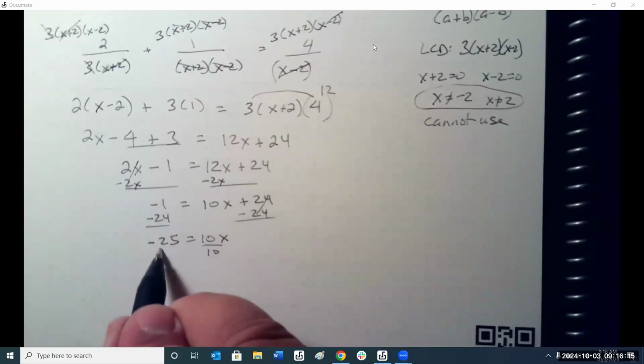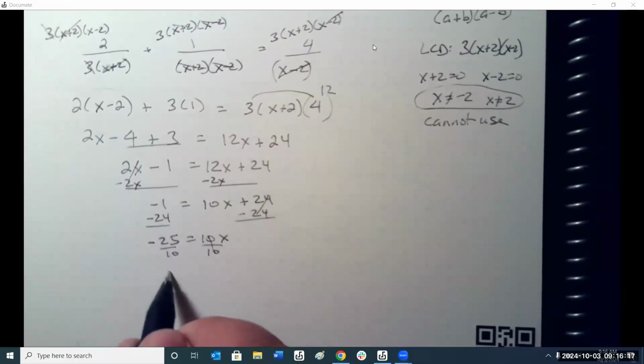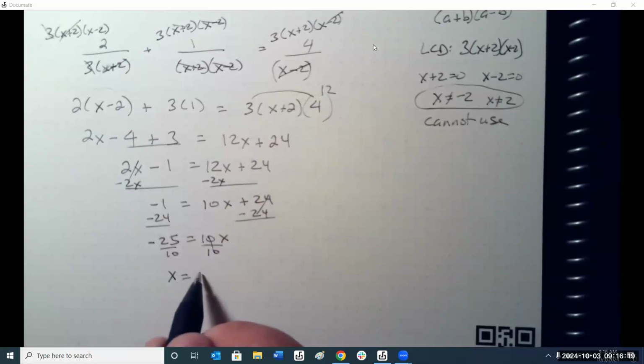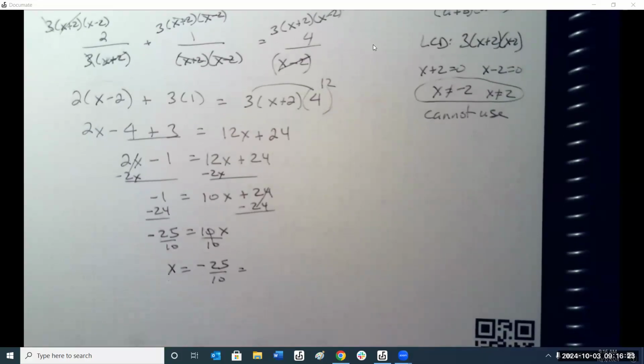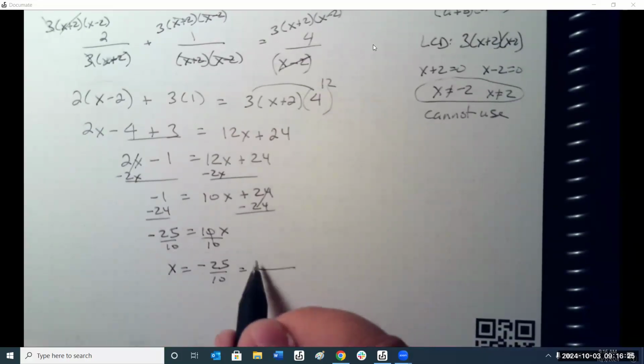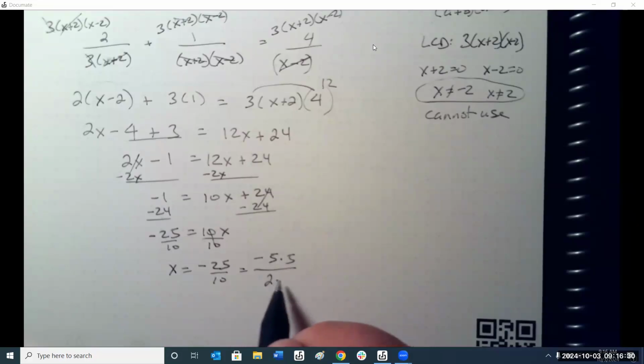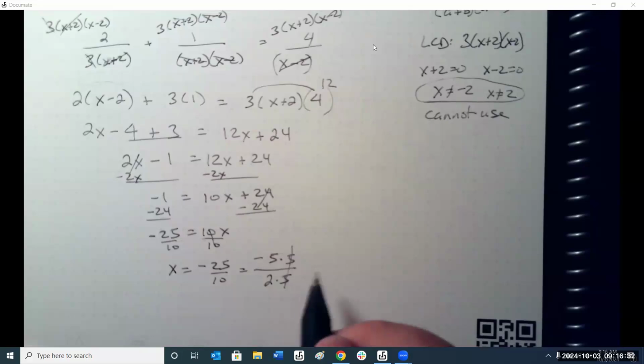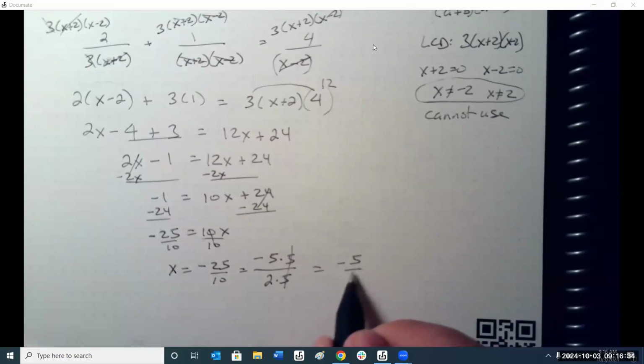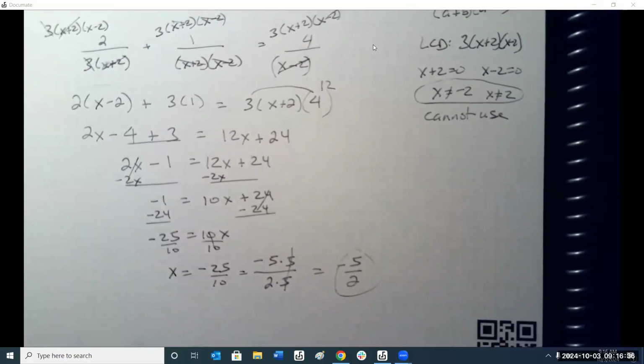Divide by 10. So x is equal to negative 25 over 10, which can be simplified because 25 is made up of 5 times 5, and 10 is made up of 2 times 5. The 5's cancel. So my final answer is that.